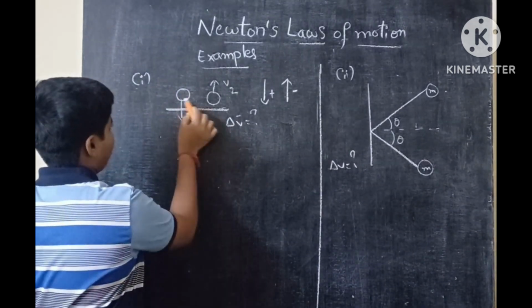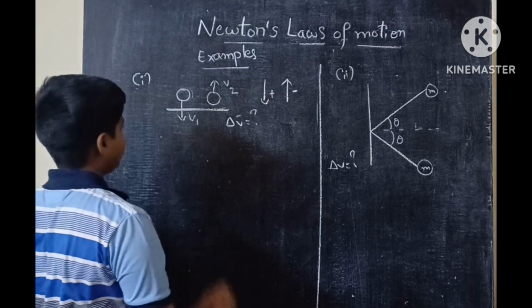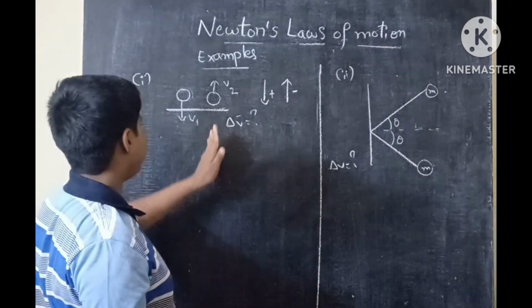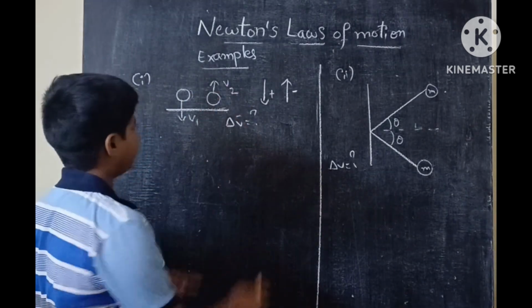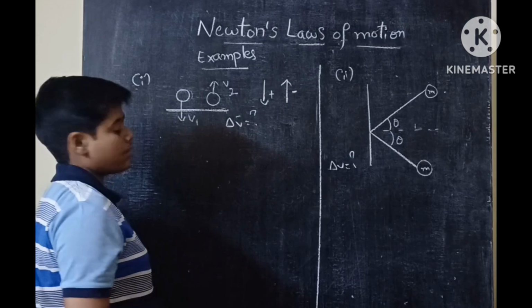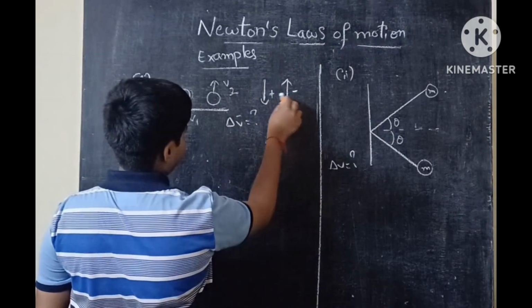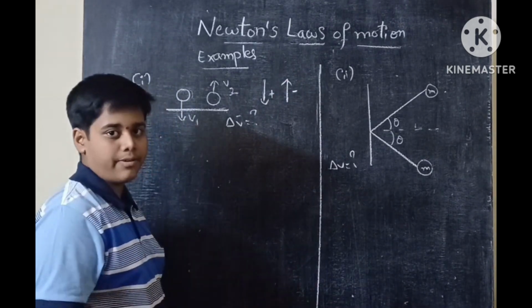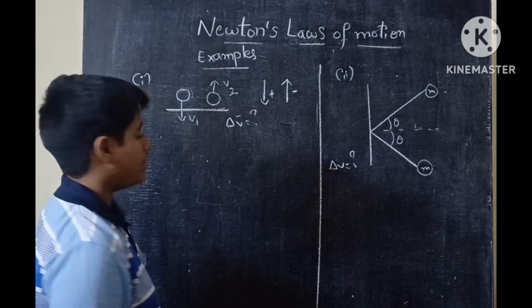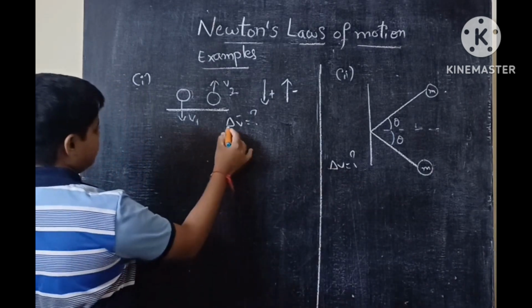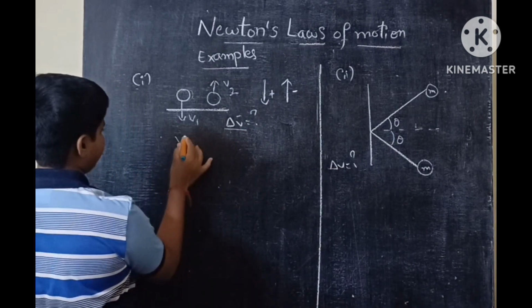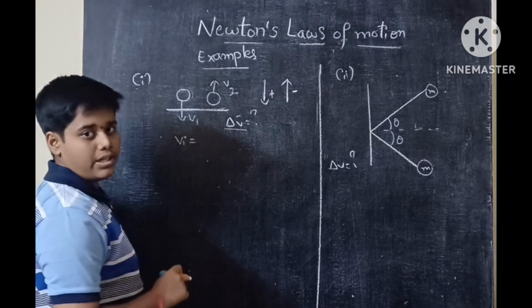A ball is coming with V1 speed towards the ground, and it hits and rebounds with V2 speed. Here I am taking downwards as positive and upwards as negative for my convenience. What is V initial?